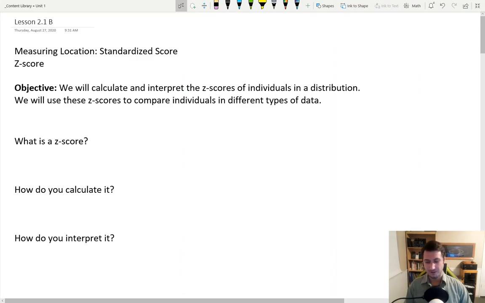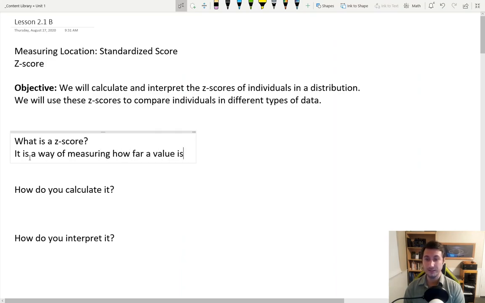Hopefully you're thinking, Bolt, what the heck is a z-score? A z-score is a way of measuring how far a value is from the mean, from essentially the center.